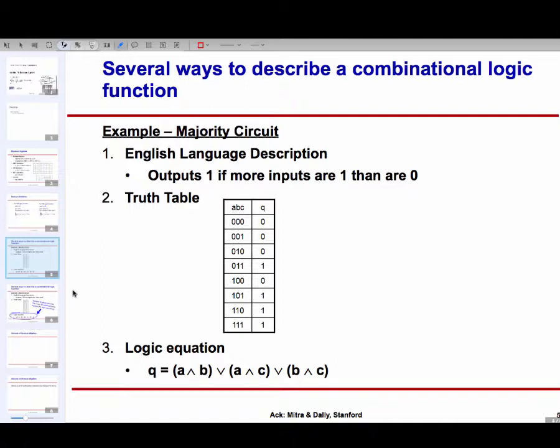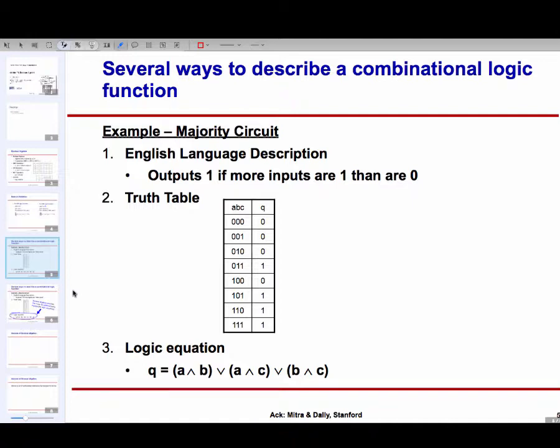You can think of it as a voting system. A, B, and C represent three votes. Someone voting yes means the corresponding signal is high, and I want the output to indicate whether the measure won or not.